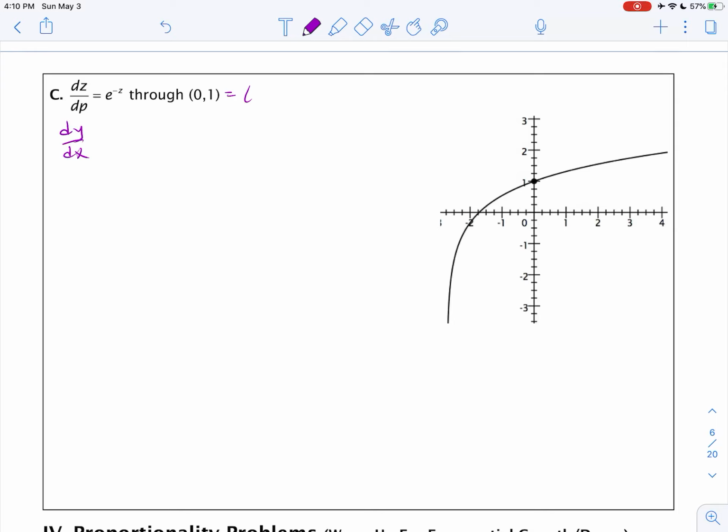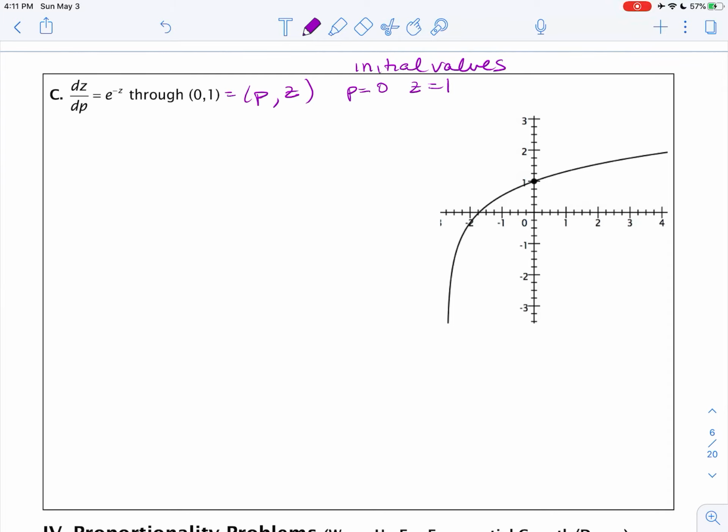And so we know that what's on the denominator is going to be our input value, and our output value is going to be z. So this translates to p is equal to 0 and z is equal to 1, and these are our initial values.